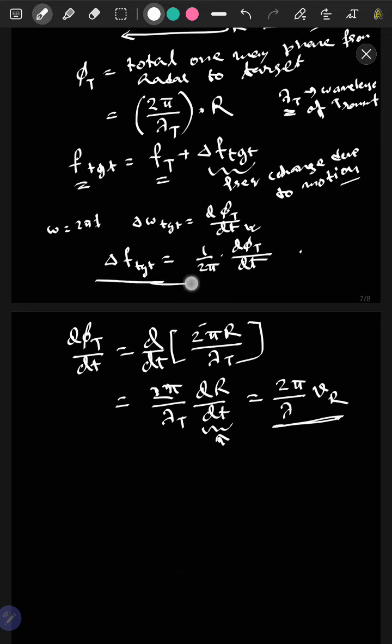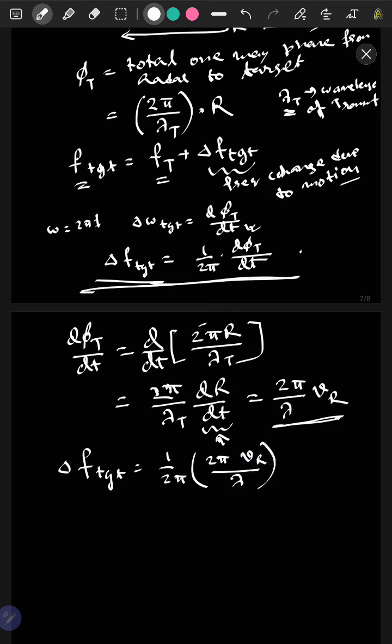Now delta F target equals 1 by 2 pi into 2 pi Vr by lambda, thus only Vr by lambda.